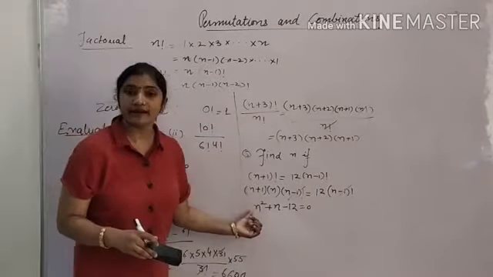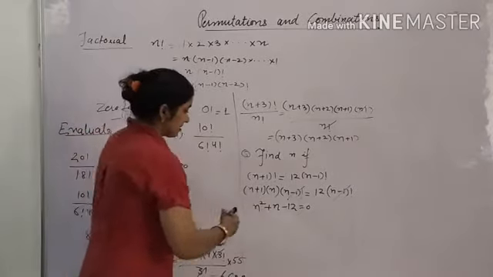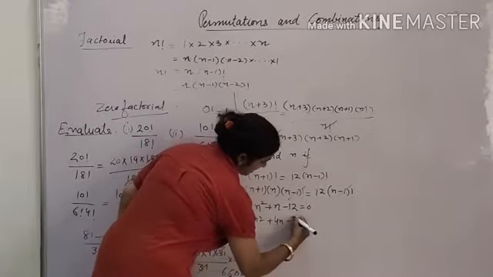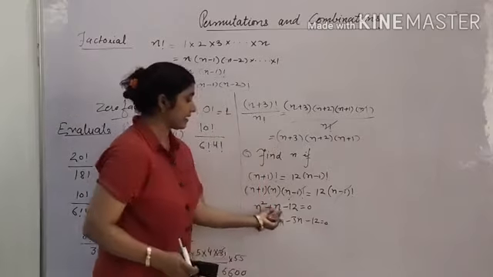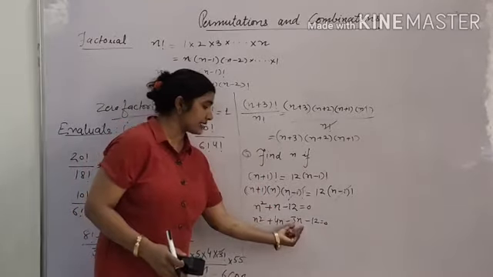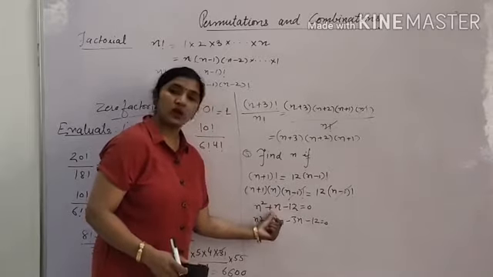Now this is a quadratic in n. We can solve it easily by taking the factors. n square plus 4n minus 3n minus 12 is 0. The middle term n, we have written this n as 4n minus 3n because 4 3s are 12 and 4 minus 3 is 1.